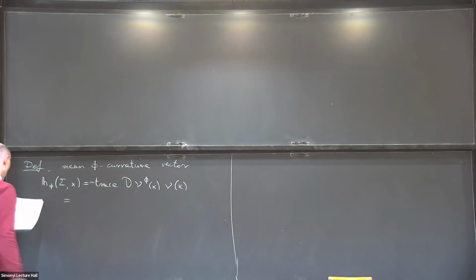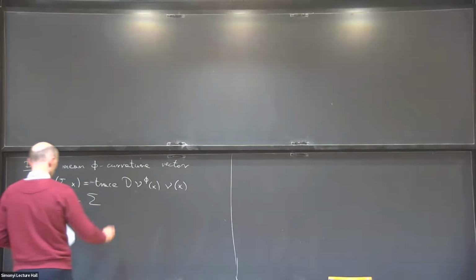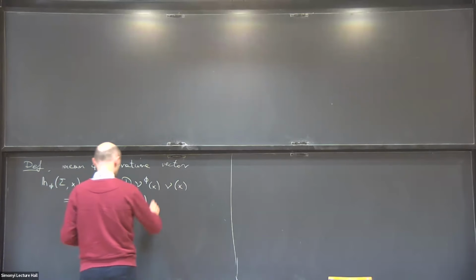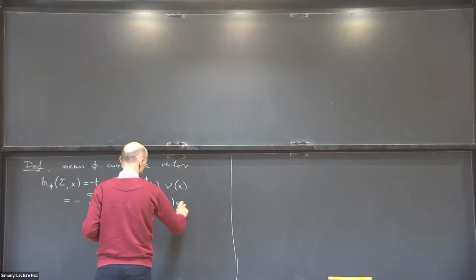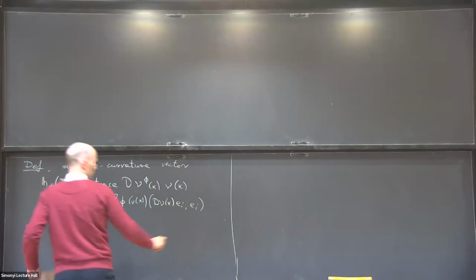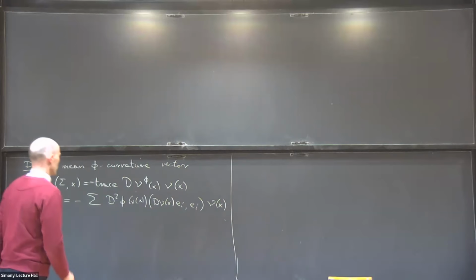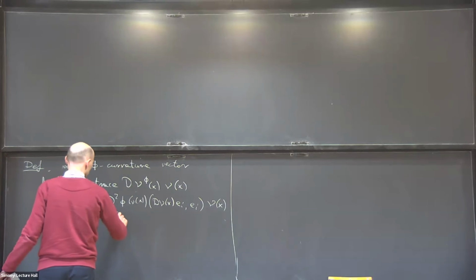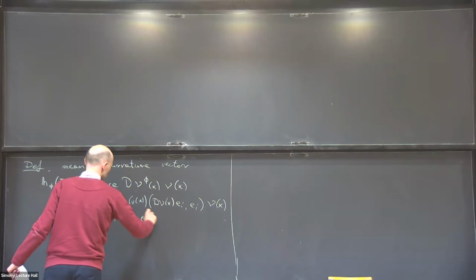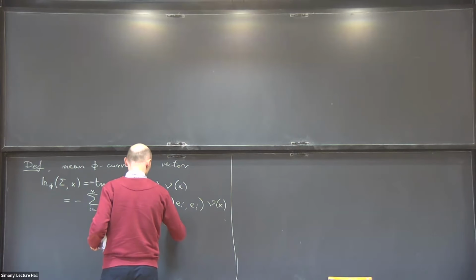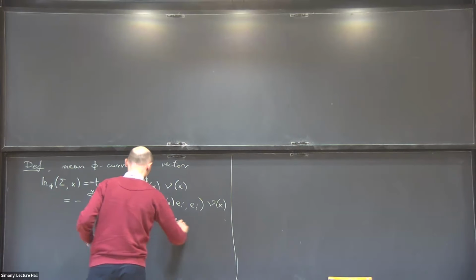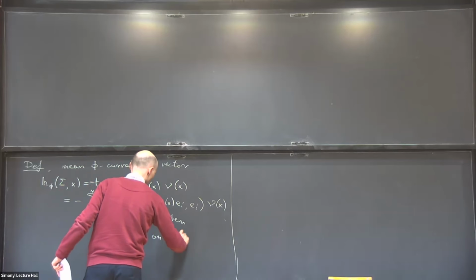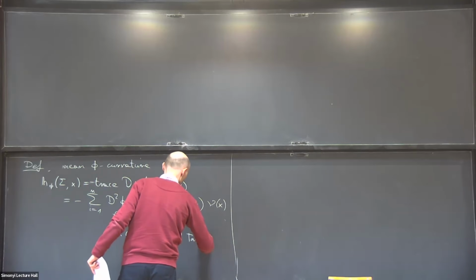You can easily compute the formula in a basis. It is a sum from 1 to n, for x in Sigma, given e_1, ..., e_n an orthonormal basis of the tangent space.